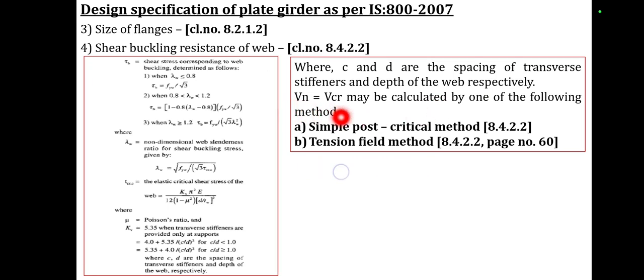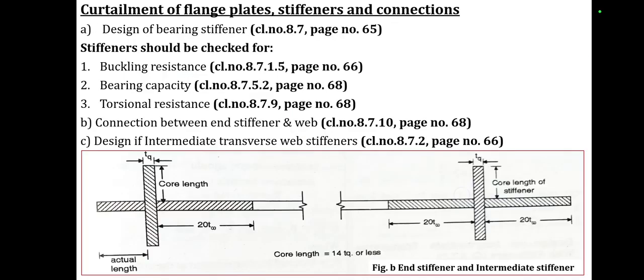Then Vn equals Vcr, which may be calculated by one of the following methods: the simple post critical method from 8.4.2.2, and second, the tension field method, calculated by 8.4.2.2, page number 60.